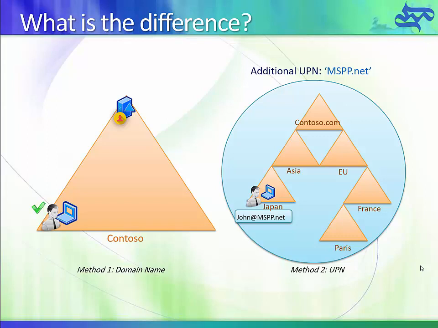But when he wants to log into that computer using the UPN address, the domain controller that has the information about John should be found in order to let John log into the computer in Japan. How does this happen? How do we know which domain and which domain controller should authenticate us? Because in a complex hierarchy like this, there will be many child domains and there might be many domain controllers.